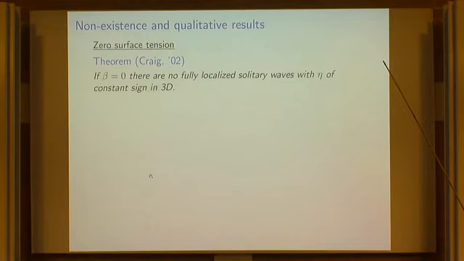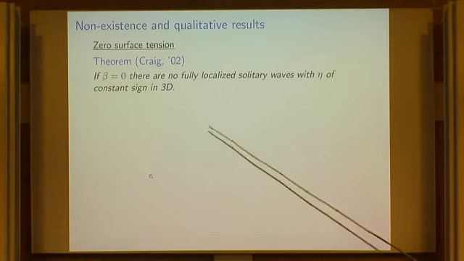Okay, so before I go into the main part about what happens with surface tension, let me say something. You can motivate why we look at surface tension in different ways, either by looking at the dispersion relation or by referring to Walter-Craig. There are some non-existence results for the pure gravity case.